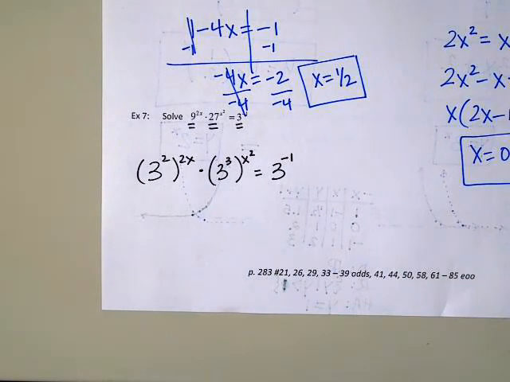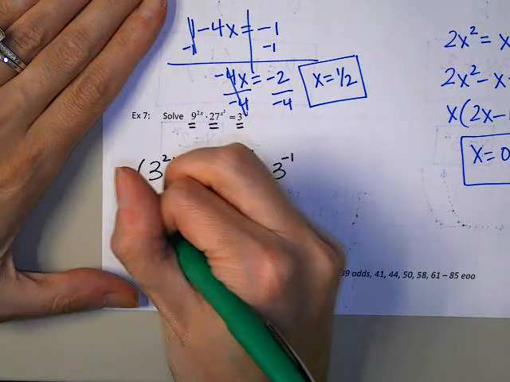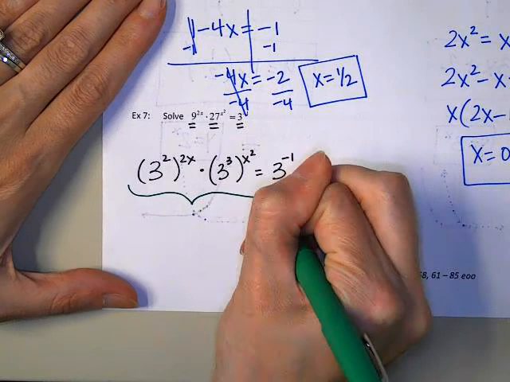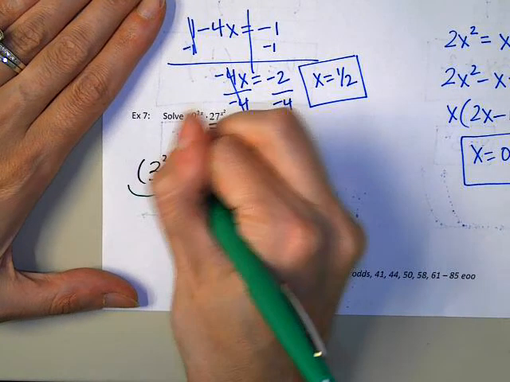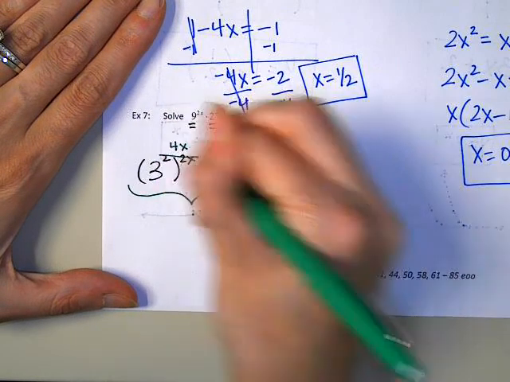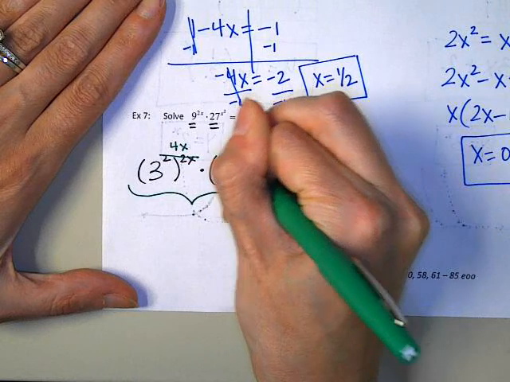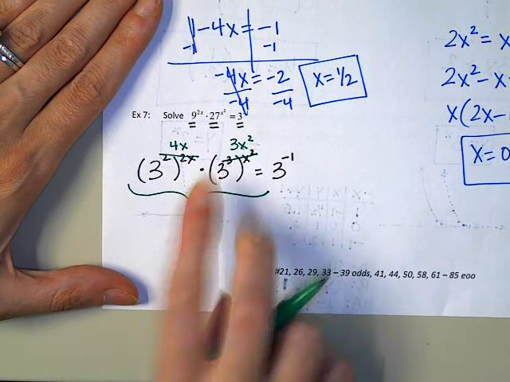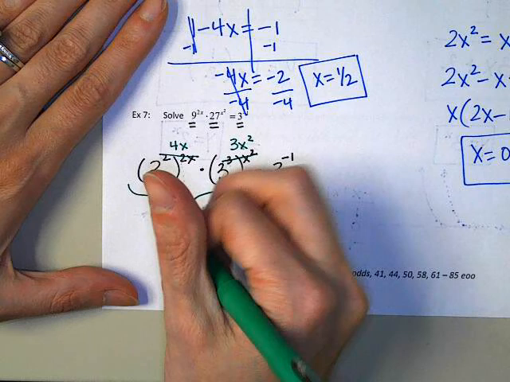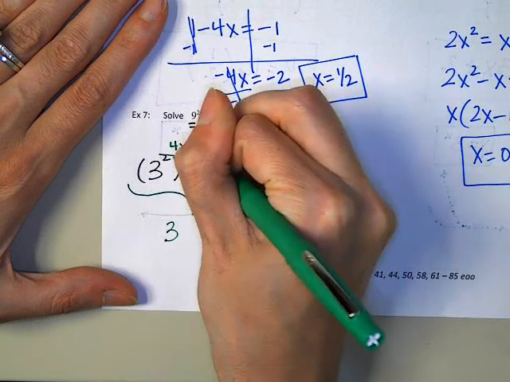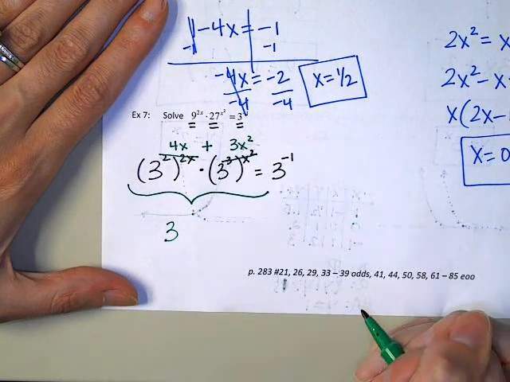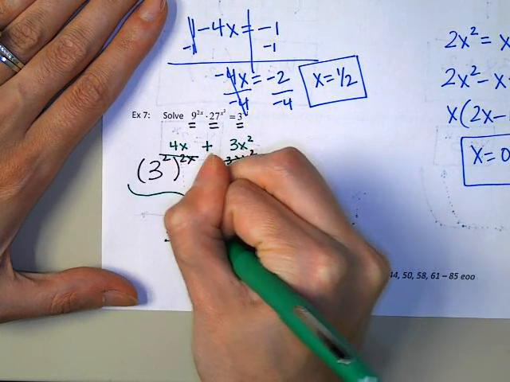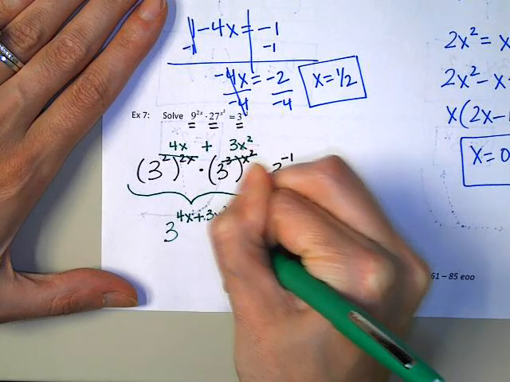Okay, so now that they're all same bases, we can simplify. But first, let's put this side together. This I'm going to rewrite as 4x, and this I'm going to rewrite as 3x squared. Now, remember the rule. When you multiply same bases, the base stays, but you actually add the powers. So it's 4x plus 3x squared.